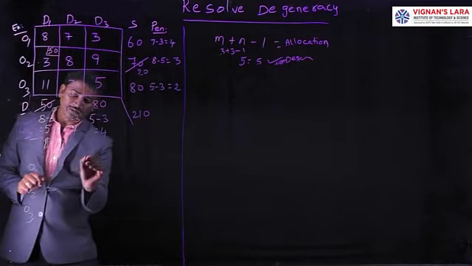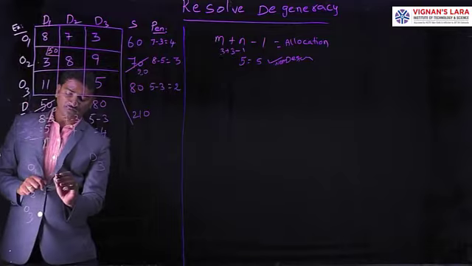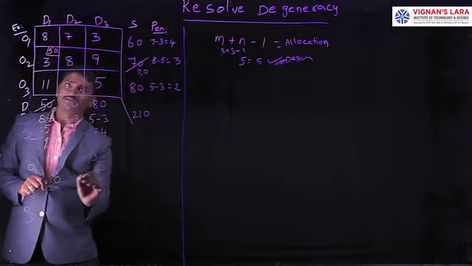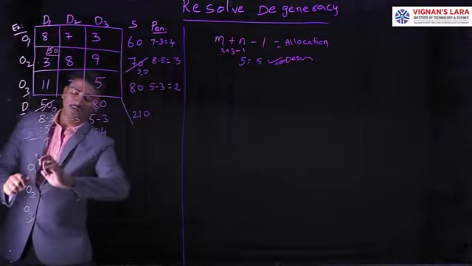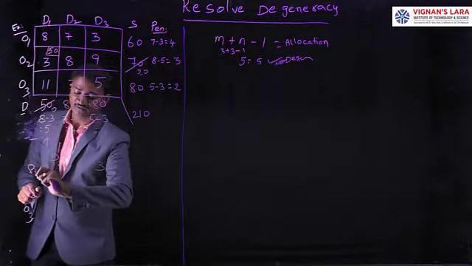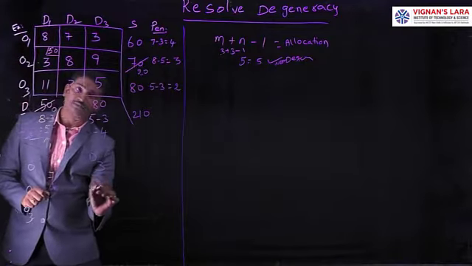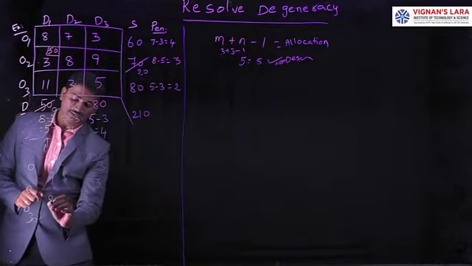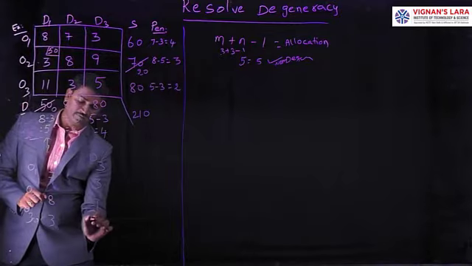Then coming to D2 and D3, at O1 the costs are 7 and 8, and then 3, next 8, 9, then 3, 5.